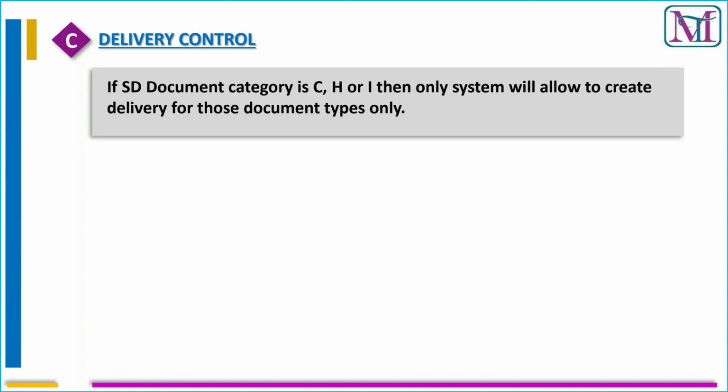Then next, delivery control. Delivery control means what? If SD document category is C, H or I, then the system will allow you to create a delivery for those sales document types. Suppose here the document category for inquiry is A. So with reference to inquiry, directly I will not be able to create the delivery.